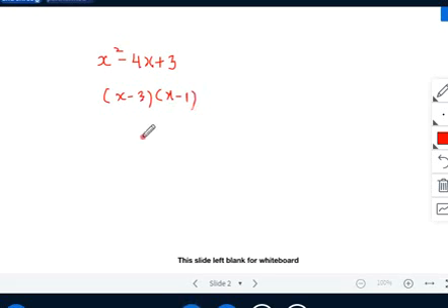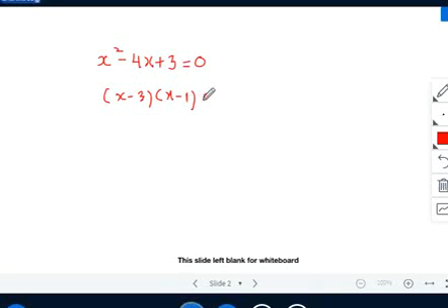Yes, that's good. Now if this equation is equal to 0, then what's the value of x? If it's equal to 0, then it will change to something else. I'm not too sure.